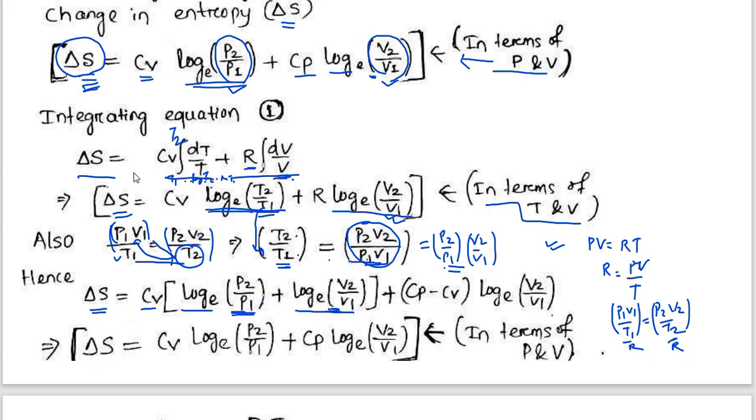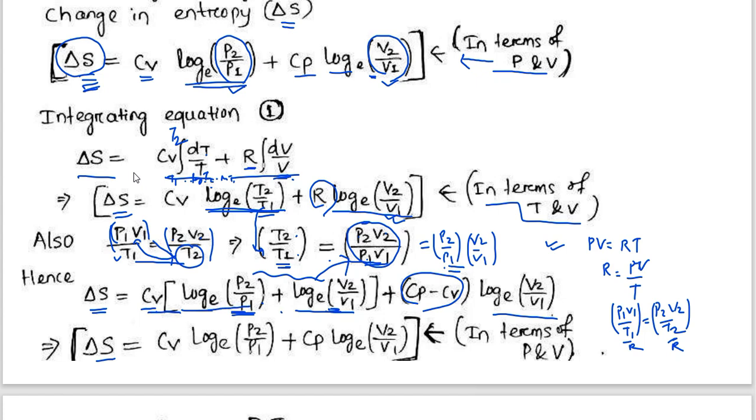Combining both, we can get this one. Plus what is R? R equal to Cp minus Cv, then log V2 by V1. Open the bracket. So easily delta S equal to this: the first part is Cv log P2 by P1.